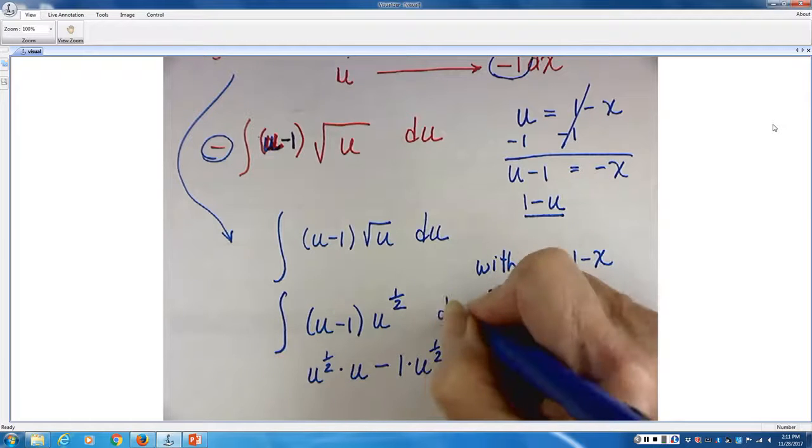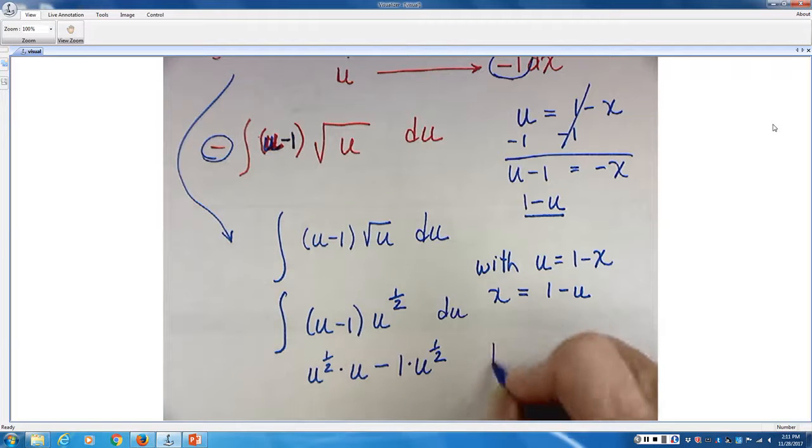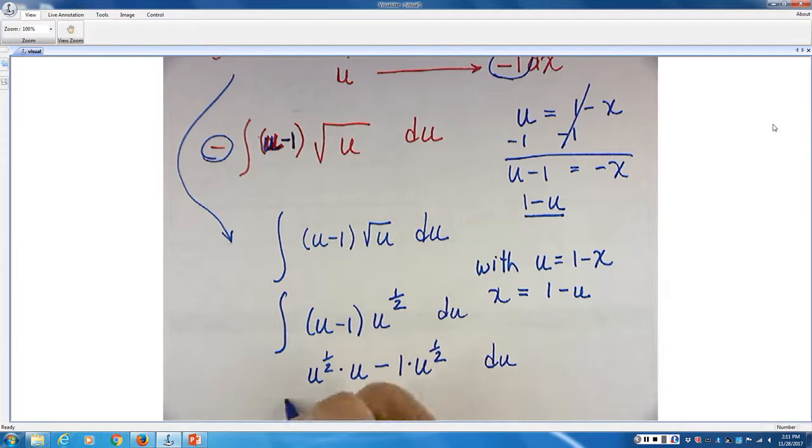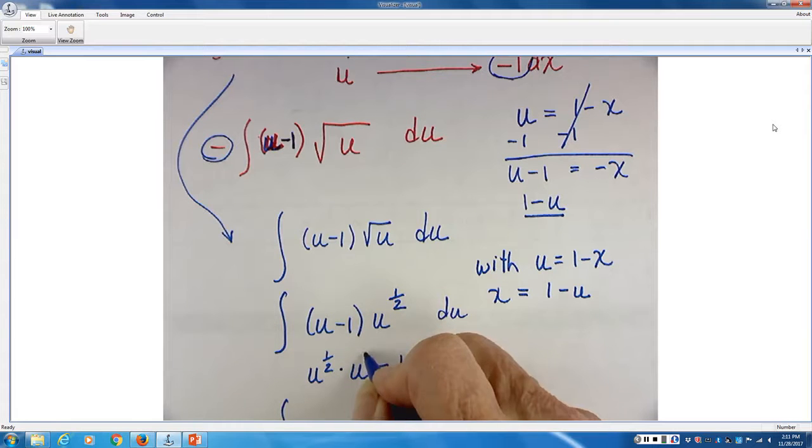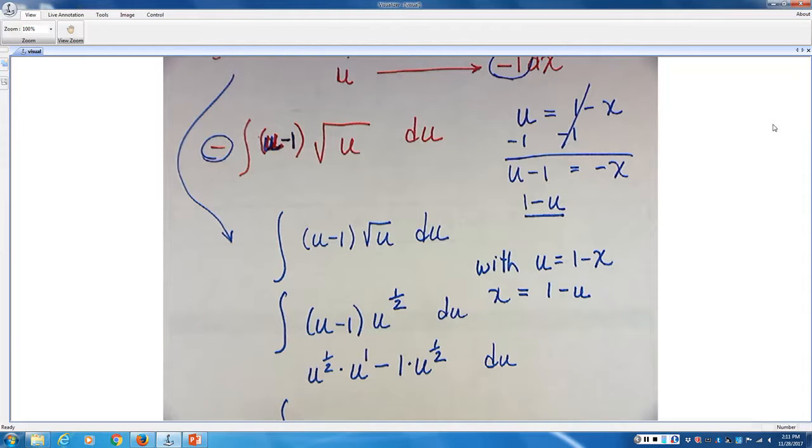Of course, we still have du sitting out here. Becomes the integral 1/2 times u to the 1/2 times 1 is u to the 3/2. And negative 1 times u to the 1/2 is negative u to the 1/2, and then we still have du.